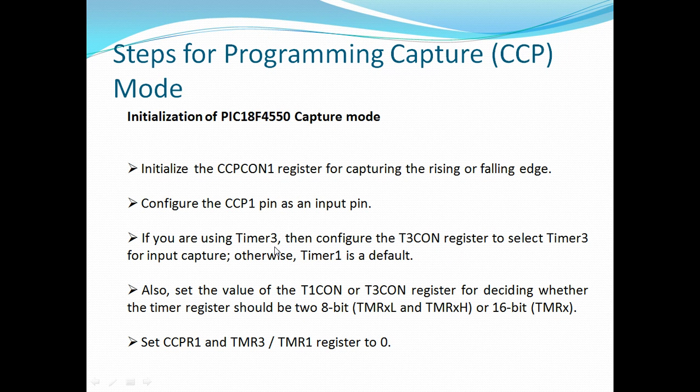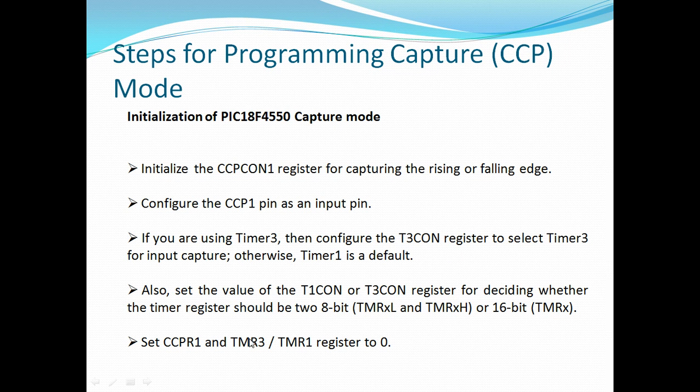This Timer 3 will be used in 16-bit mode, with prescaling option and with clock source selection. Otherwise Timer 1 is the default. So here we will write the initialization value for the T1CON or T3CON register, for Timer 1 and Timer 3 selection.